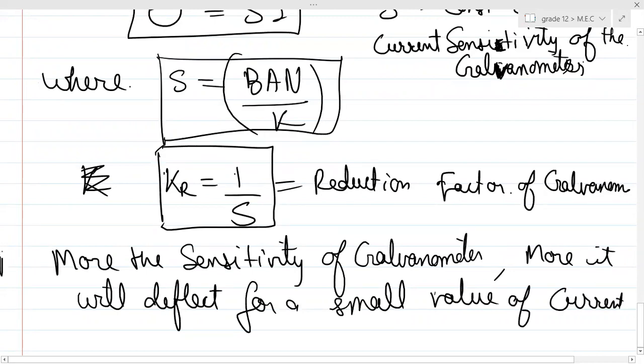Okay. Whenever we say this galvanometer is more sensitive, that implies it will give more deflection for a small value of current. This clear?